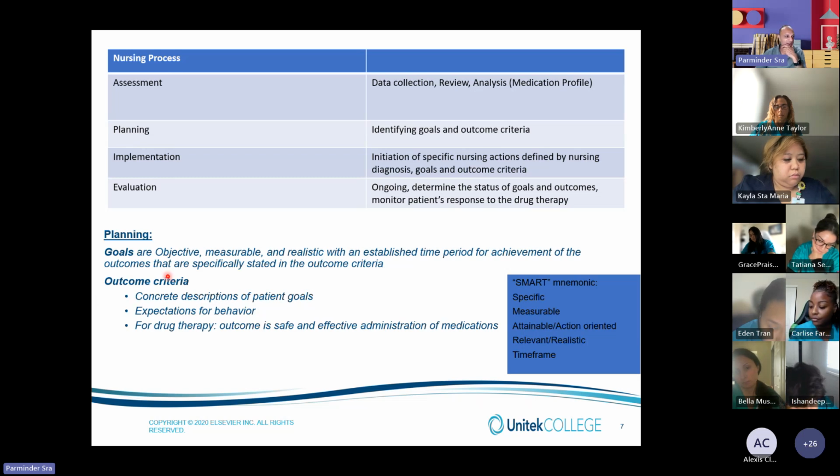What are you going to do about it? And then the evaluation, where you see if whatever you did on the top is effective or not. Okay, so your goal should be objective, measurable, and realistic. We cannot have unrealistic goals.